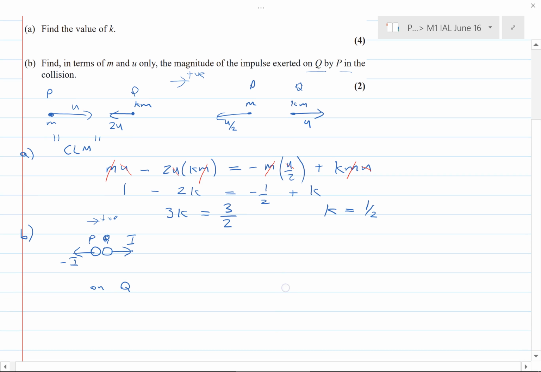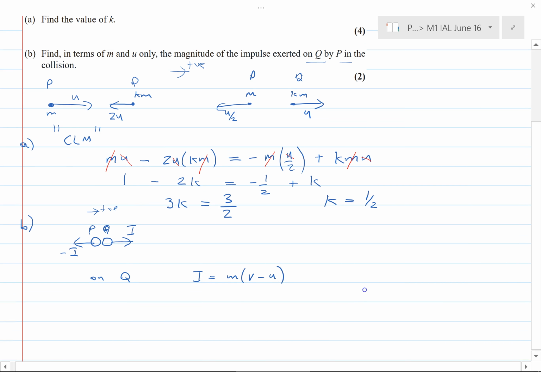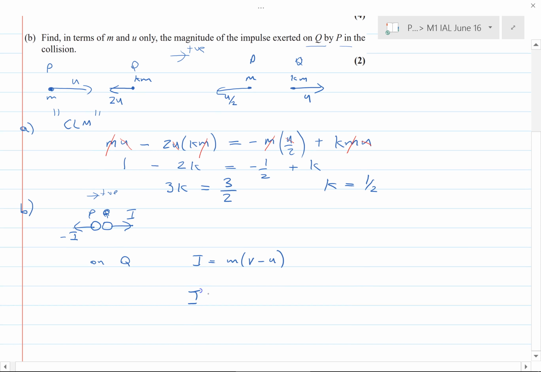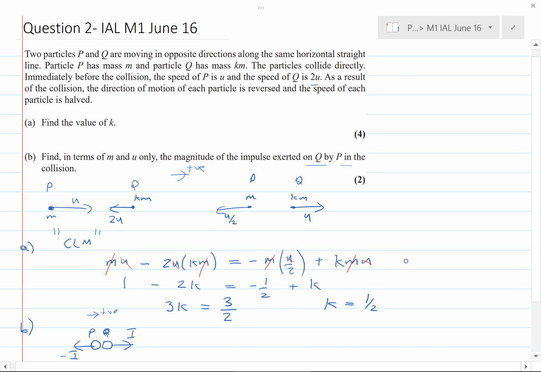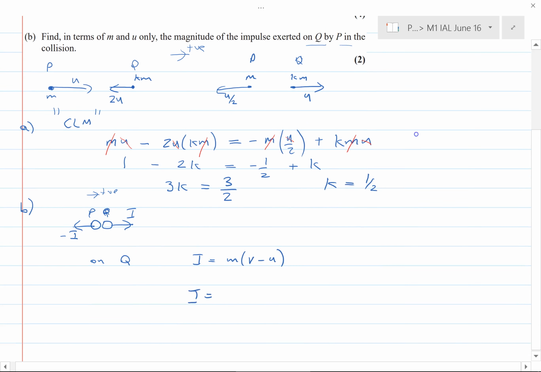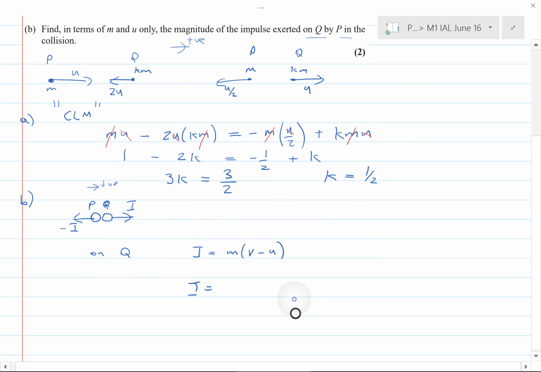So on Q, we're going to use the impulse as change in momentum. So we've got impulse equals the mass, and we are given the mass as just m, because it wants it in terms of m, so it's km, which is half m. Then that's half m times v, the final velocity.